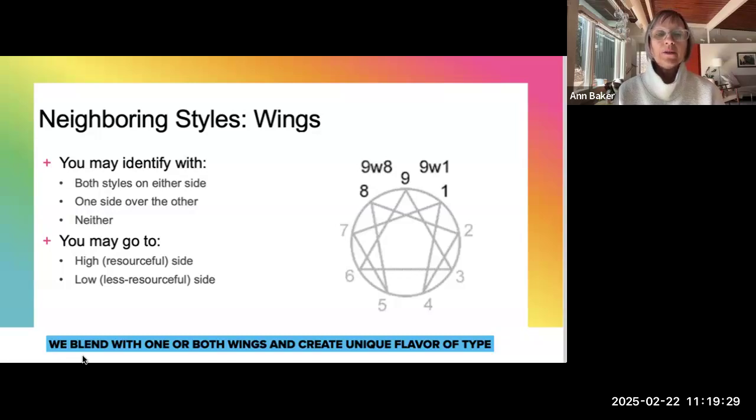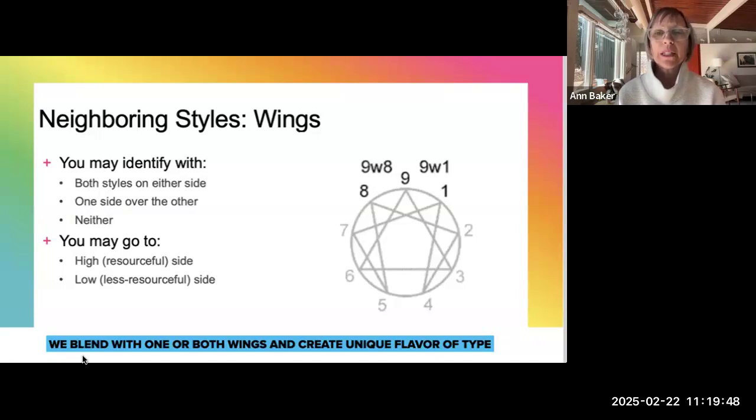However, be warned that we can go to the higher side or the resourceful side of each number, or we could go to the less resourceful side of the number of the wing.